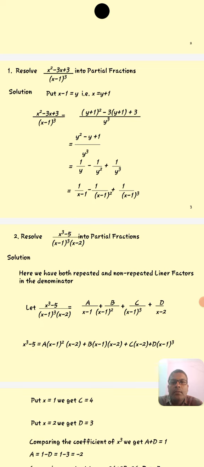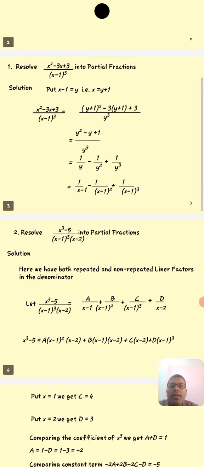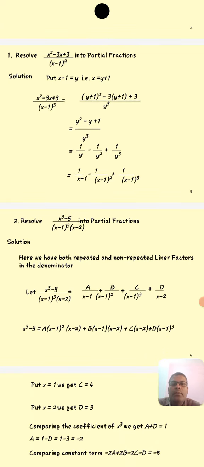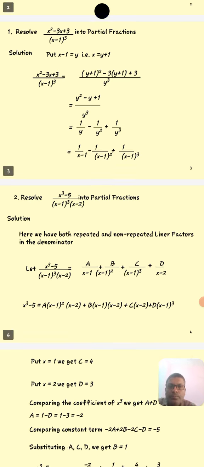So 1 by y minus 1 by y square plus 1 by y cube. Here in the place of y again we substitute x minus 1. So we get 1 by (x minus 1) minus 1 by (x minus 1) whole square plus 1 by (x minus 1) whole cube.